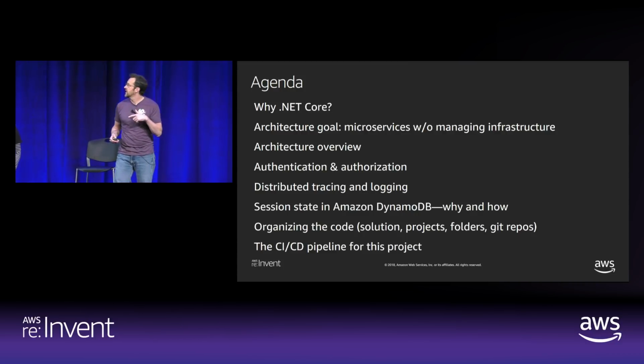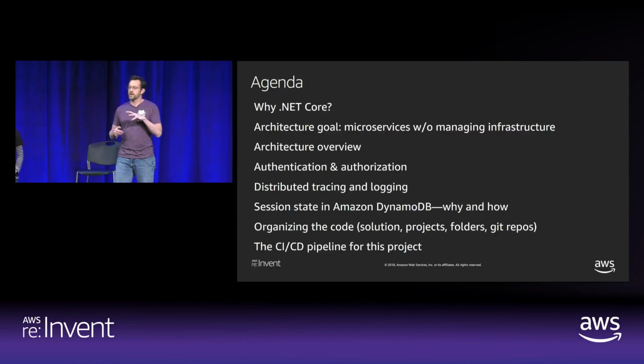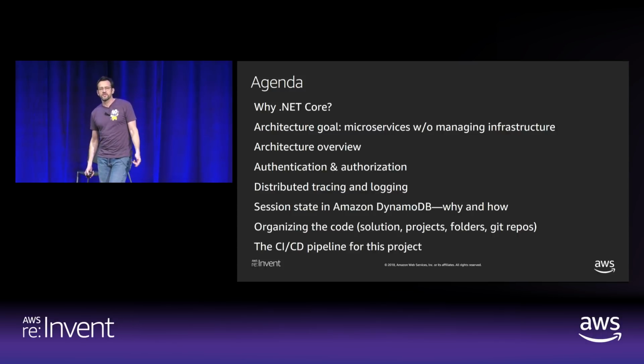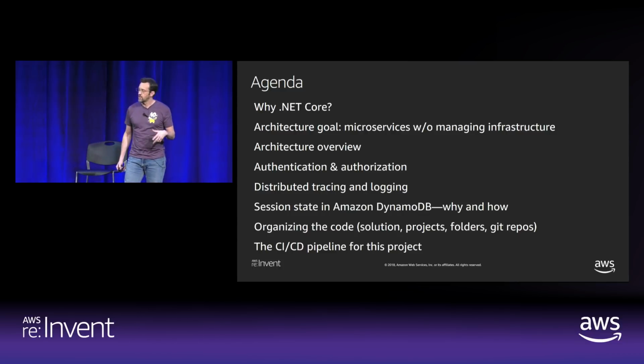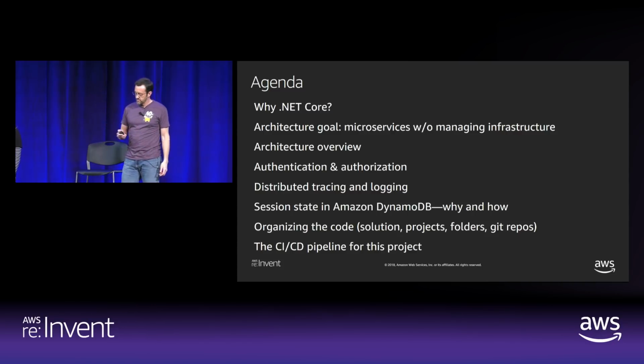Our architectural goal for this sample application, an overview of the architecture, by which I mean the services that we use to compose the application, how we did authentication and authorization, how we hooked up distributed tracing and logging, session state in DynamoDB, both session cookies for tracking and optionally session state. The rest of it's up there. So that's what we're going to go through here today.